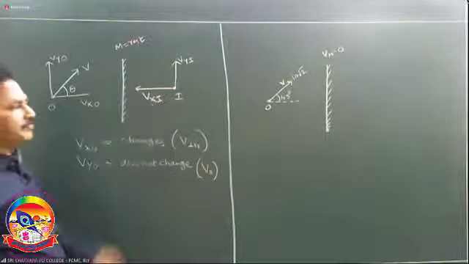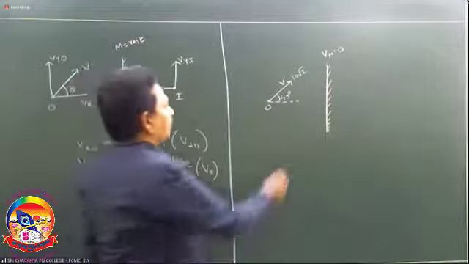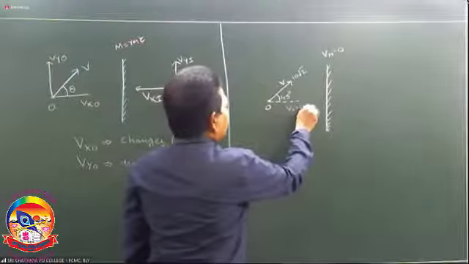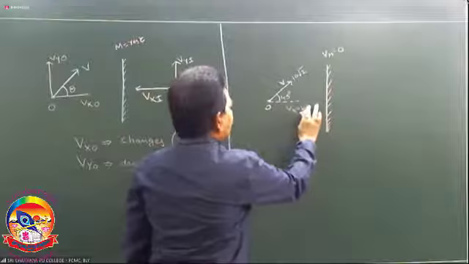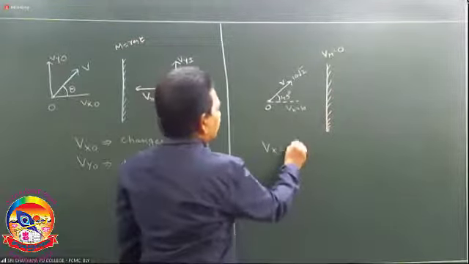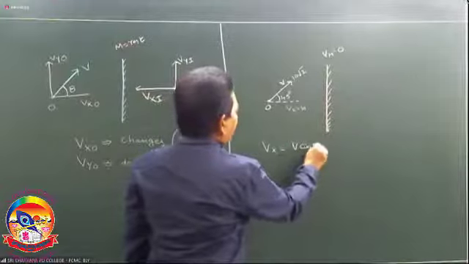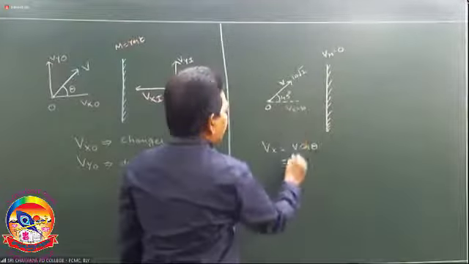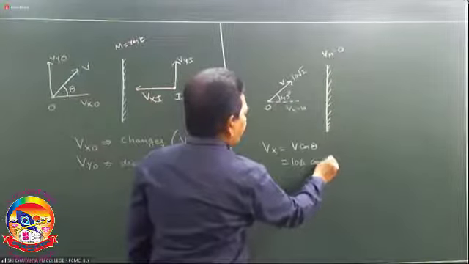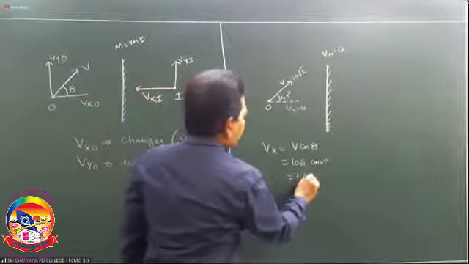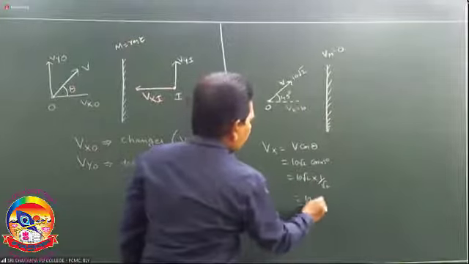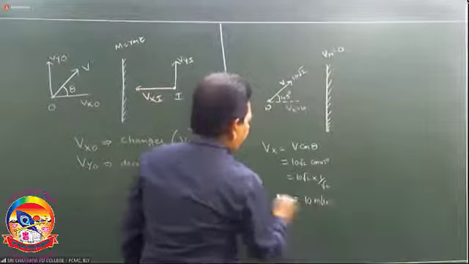The magnitude will be the same because the mirror is at rest, Vm is 0. Vx is equal to V cos theta, which is 10 root 2 into cos 45, equal to 10 root 2 into 1 by root 2, equal to 10 meters per second.